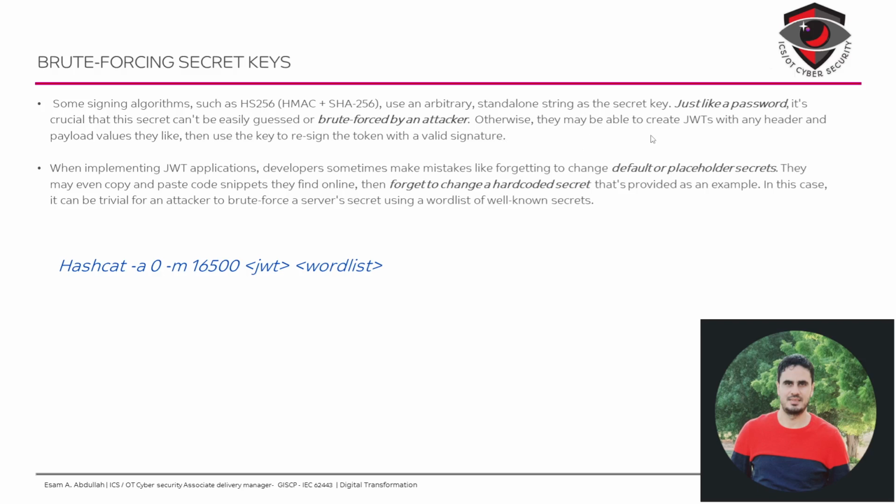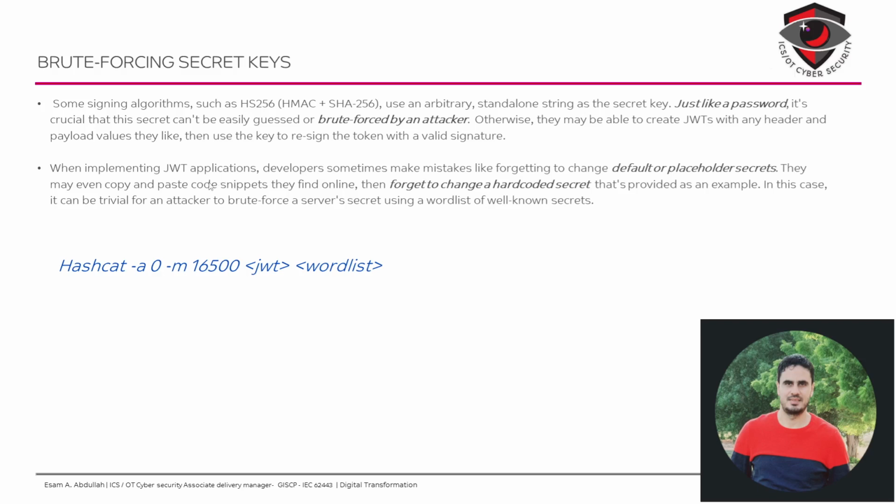Otherwise, they may be able to create a JWT or JSON Web Token with any header and payload values. If we know the secret key, then we will be able to sign another JWT with our required values in the payload and the headers as well.